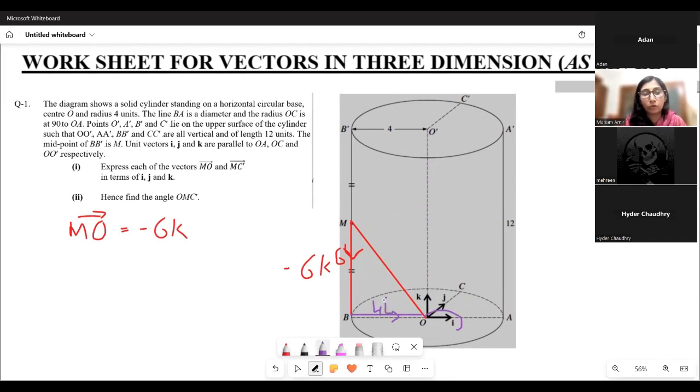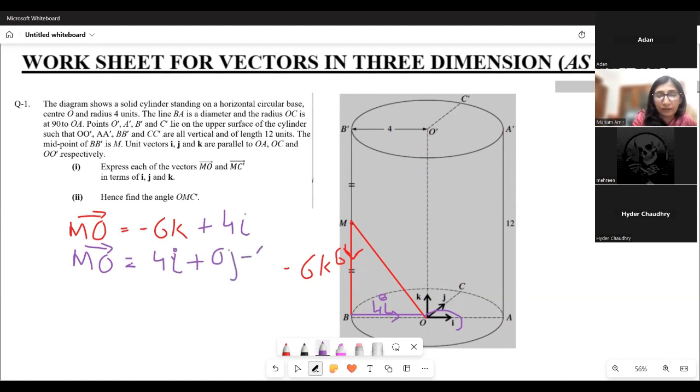To go from M to O, written in alphabetical order, it's 4I, and you may write plus 0J, since we did not have to move in the J direction, minus 6K. And if writing in IJK form weren't required, you could have written 4, 0 and minus 6 as well.